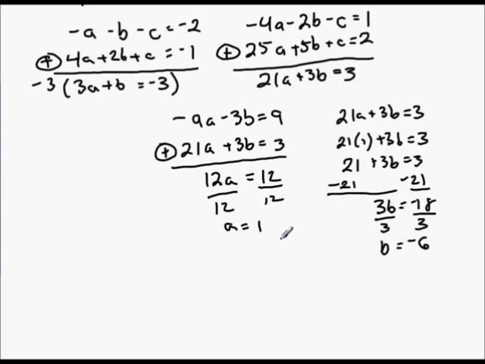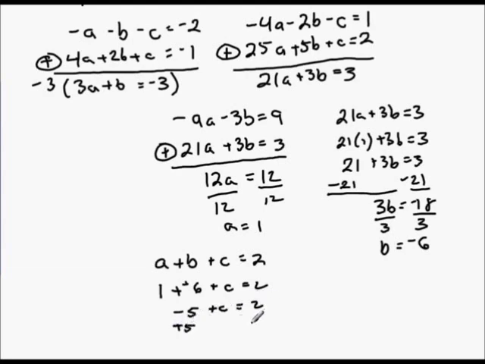Alright, now that I have a and b, let's find c. So if I take a plus b plus c equals 2, and I wind up with a being 1 and b being negative 6 plus c equals 2. So I have negative 5 plus c equals 2.